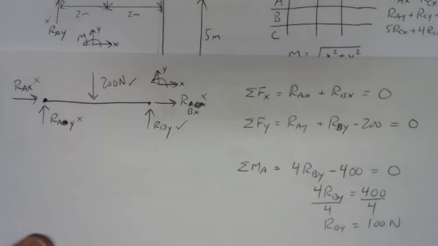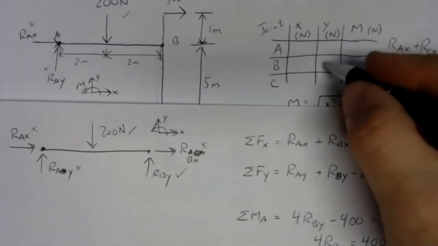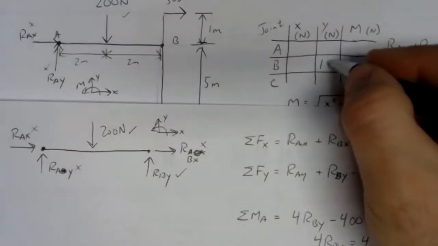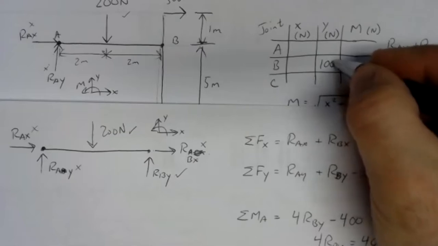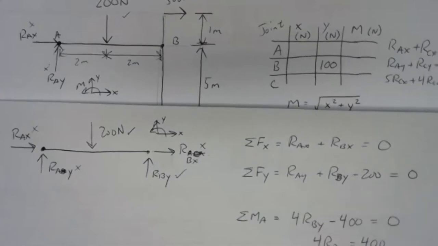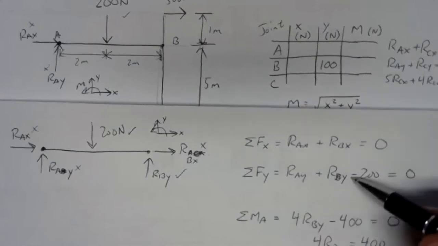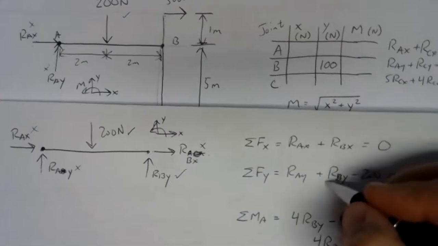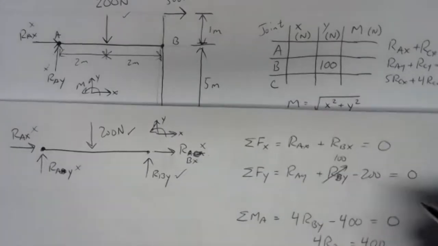So finally, something we can fill into our table. Right here, the y direction force for joint B is 100 newtons. All right, one unknown down out of 6. Well, let's see if we can solve anything else from that. If we know RBY, we can go back into our y direction equation. RBY is 100.